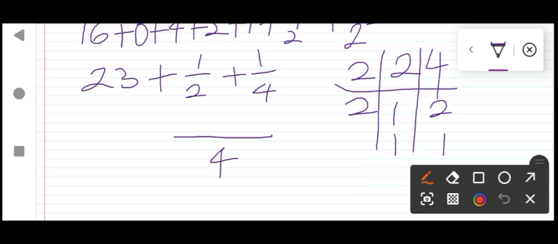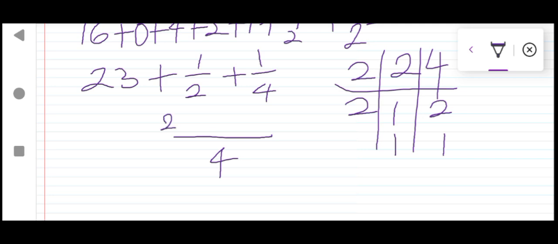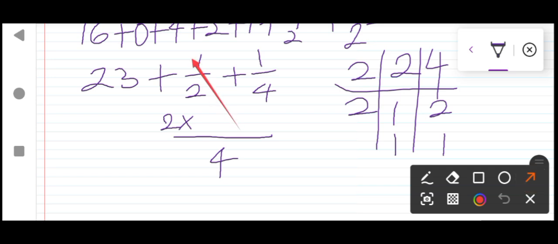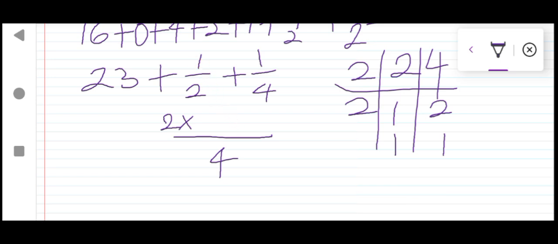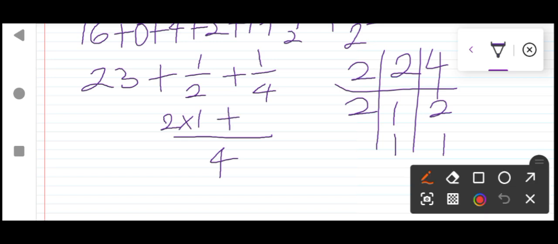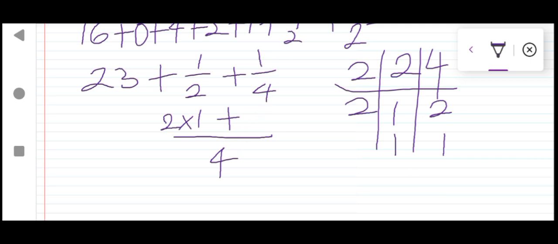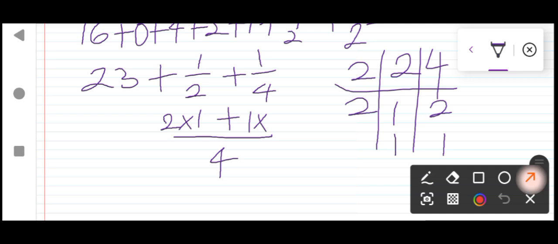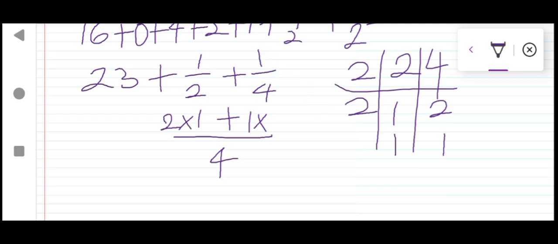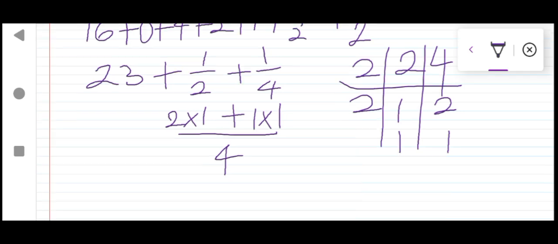And what you want to check now is how much of this 2 would you see in 4? That's 2, right? Multiply by the numerator, which is right here, and that's 1. Then plus how much of this 4 would you see in 4? That's 1. Multiply by the numerator, which is right here, 1. So let's quickly see this.